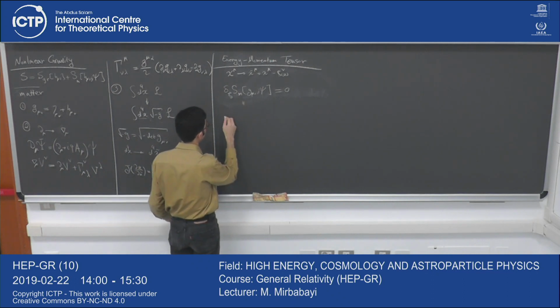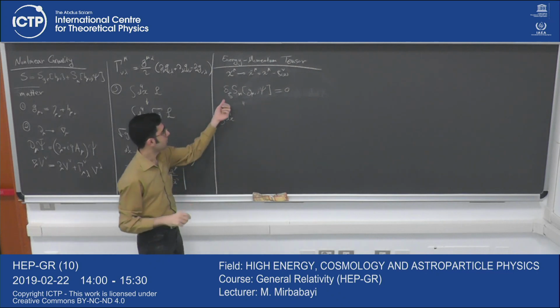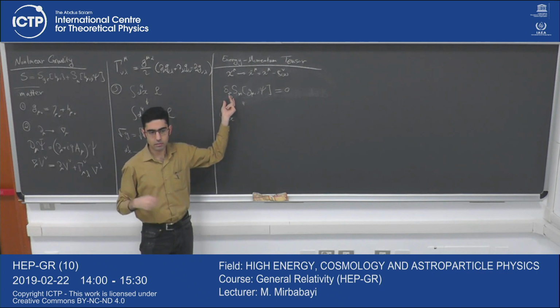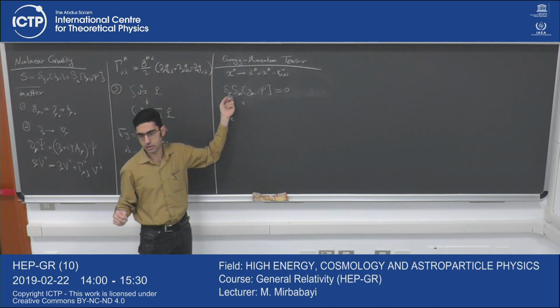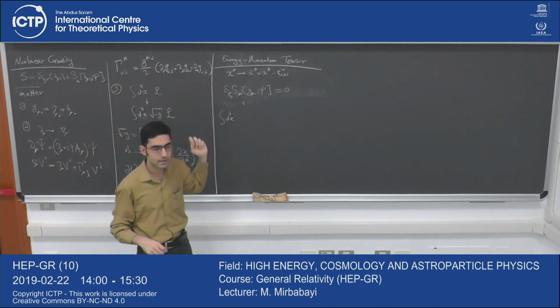This is an integral of d4x, and then when I do this variation, there will be variations of the metric and the variation of the fields under this transformation. Yeah.